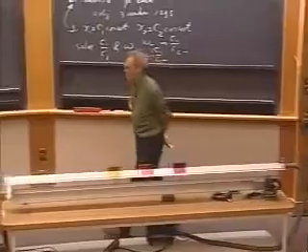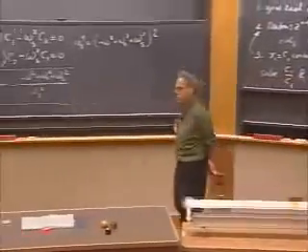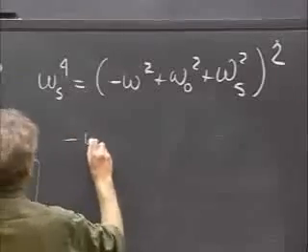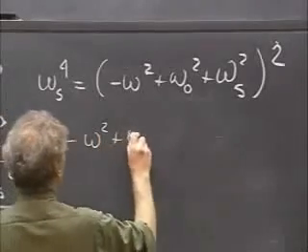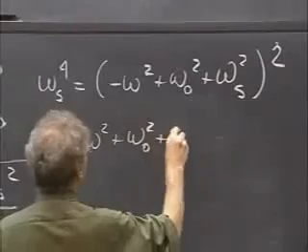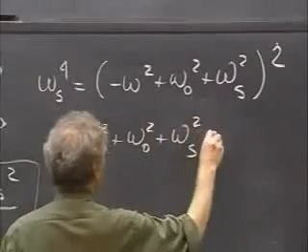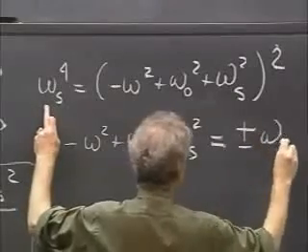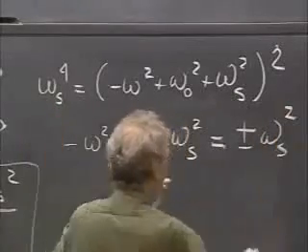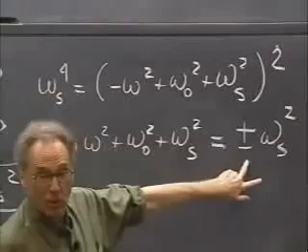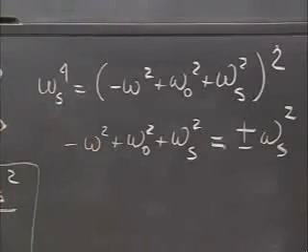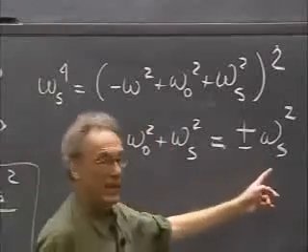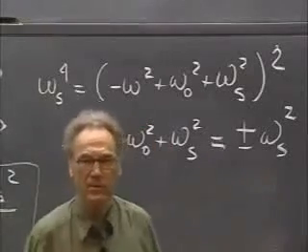Omega is the only unknown. Take the square root left and right. So I get minus omega squared, plus omega 0 squared, plus omega s squared, equals plus or minus omega s squared. Do not forget the plus or minus, because the square root of omega s to the 4th is plus or minus omega s squared.